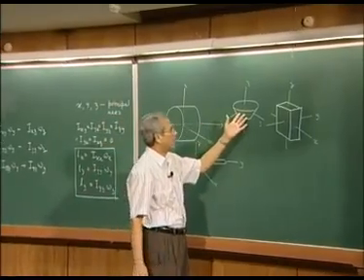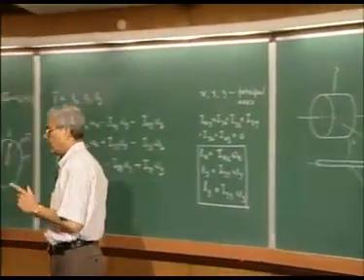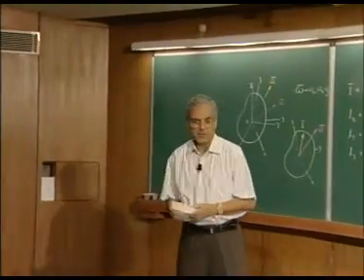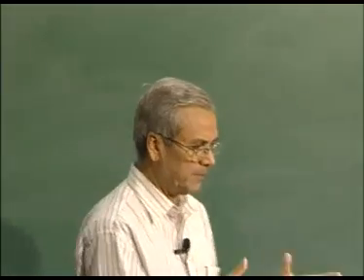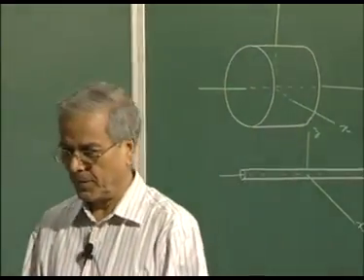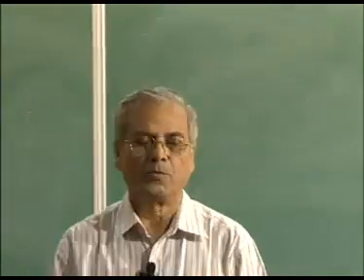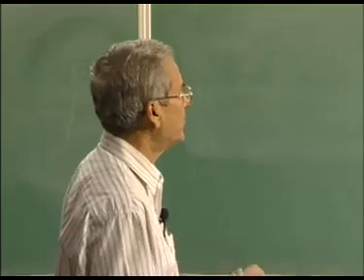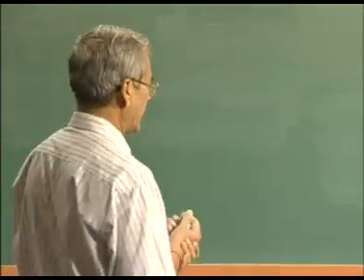Same is the case here, but here the body has three unique directions which can be taken as principal axes. Now, when we consider a body under external forces and moments, we can find out what will be the subsequent motion of that rigid body. That is what we want to do next.